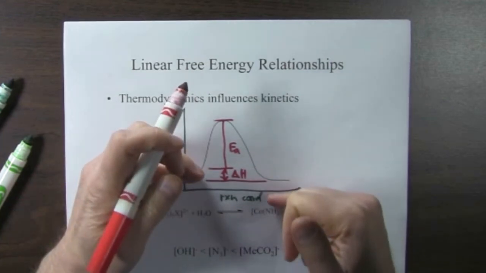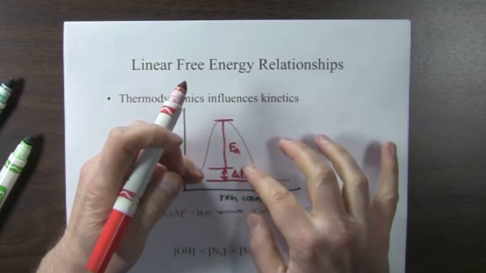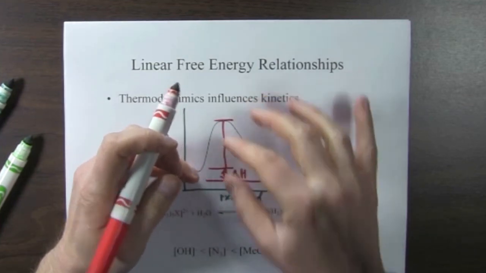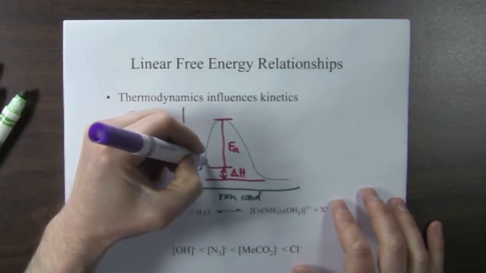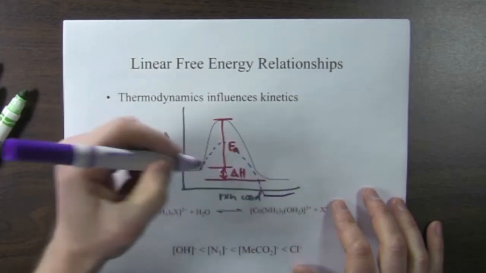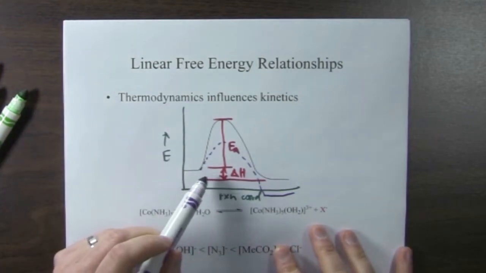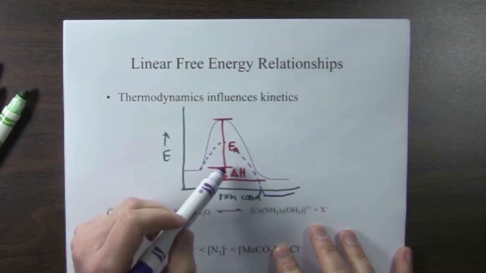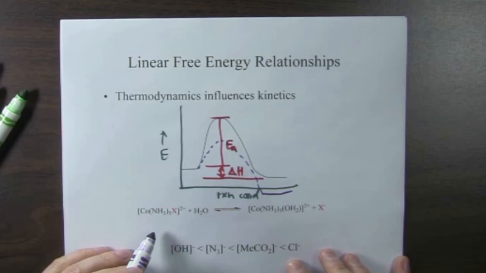If I lower this, for example, then all things being equal, this line will have to lower down as well. So my energy of activation would decrease. There, let me try that. I went so low I went off the graph. And that was increasing the delta H, decreased the energy of activation. This isn't always true, but it does show up in some of the data.